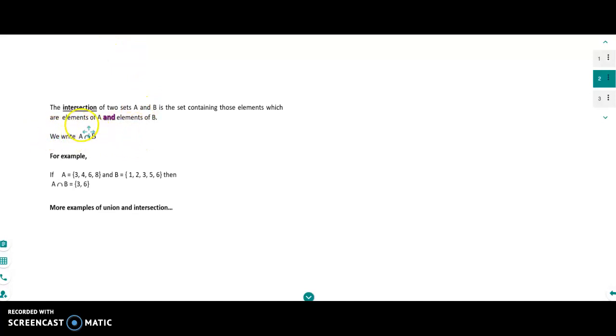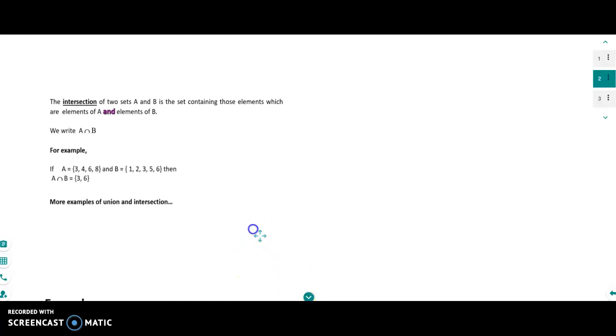So we write this symbol for intersection, A intersected with B. For example, if A equals 3, 4, 6, and 8, and we have B: 1, 2, 3, 5, and 6, then the intersection of those sets will be 3 and 6, because these are the elements in common, all right? Okay, so it's a very, very easy concept, guys.